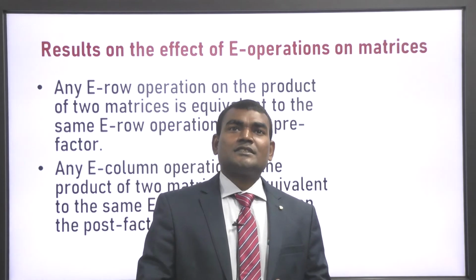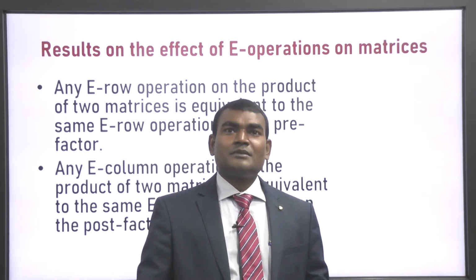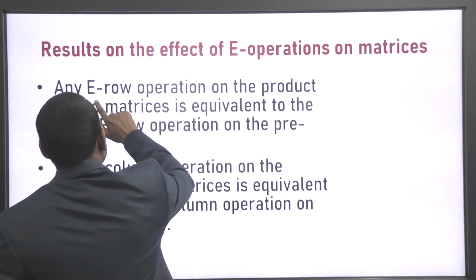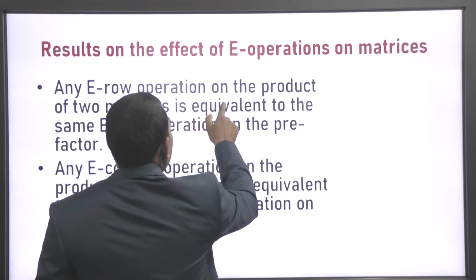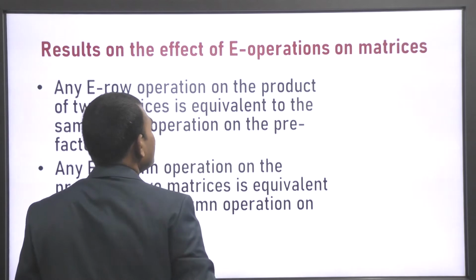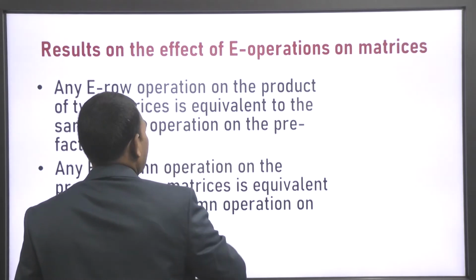Now, some results on the effect of E operations on matrices. See here one by one: any elementary row operation on the product of two matrices is equivalent to the same E row operation on the prefactor.